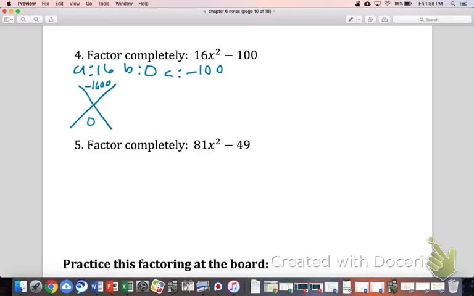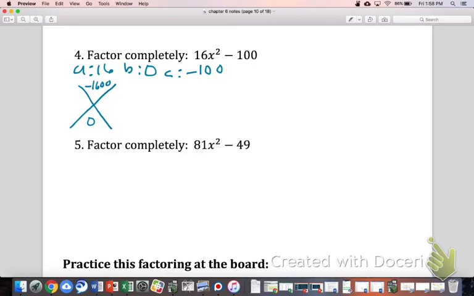You remember the pattern we just saw with the plus and minus thing and the middle terms adding out? Yes, when we did the FOIL. When you start to think, which two numbers multiply to be negative 1600 and add up to be 0? Don't these two numbers have to be the same number, but one of them's positive and the other one's negative? Yeah. So let's start thinking, which numbers would be big enough to get there?